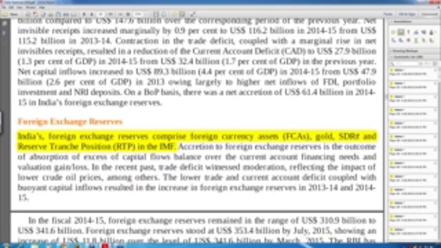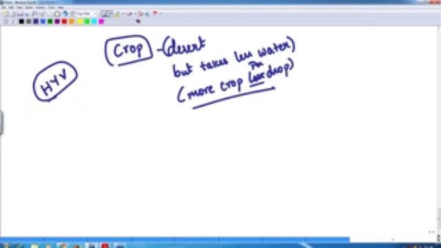What is RTP? Reserve tranche position in the IMF. So this is one confusion.